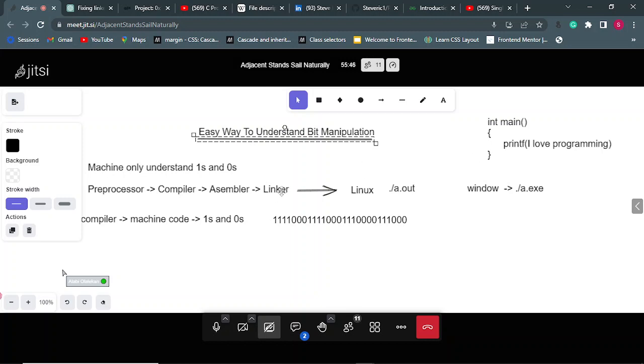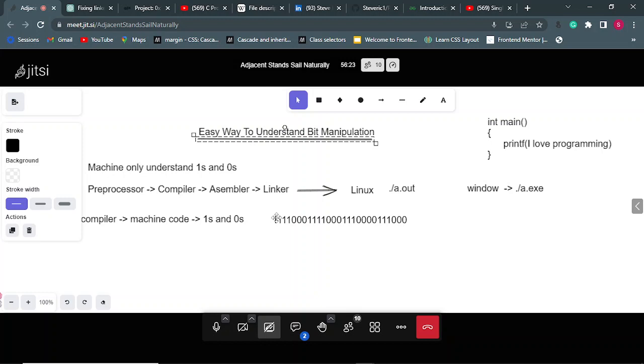Obviously if we print out, we cannot say 111 000 because we would be confused. So that's the help of the linker, to link it and interpret it the way we human beings understand, and link it into an executable file, which is your dot slash a dot out, or on Windows dot slash a dot exe. Then we output I love programming that we human beings understand.